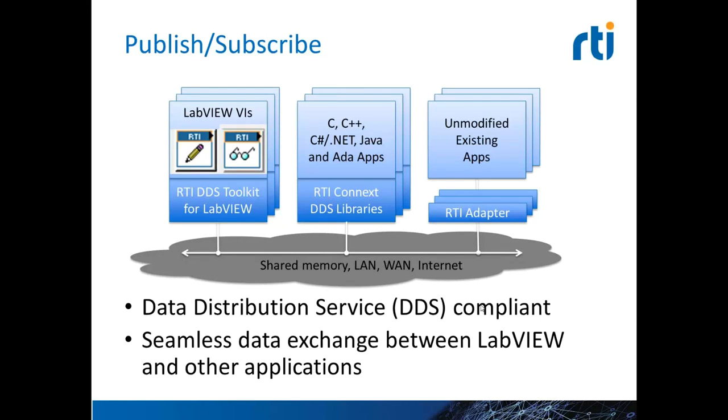It's a publish-subscribe architecture. What this means is if you have data to share, you're basically publishing it out, and whoever subscribes to it will get a copy of that information. There's an automatic discovery process. You don't have to configure in your application or in your VI where you're sending it to and who needs that information.